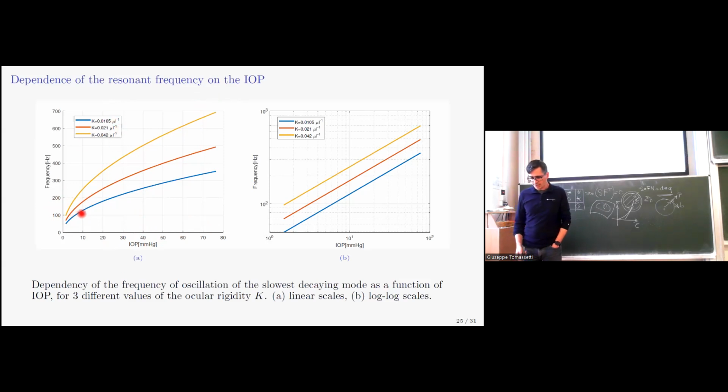And this figure suggests that it's really possible to measure intraocular pressure by looking at the vibration properties, because there is a sensible dependence of the vibration frequency on the pressure. So in principle, you can do that. If you increase the pressure, the vibration of the lowest mode will change, and you can detect it.